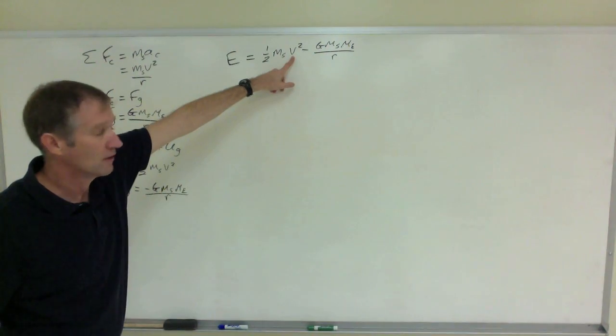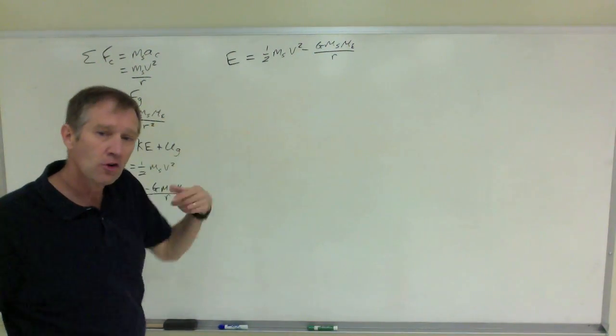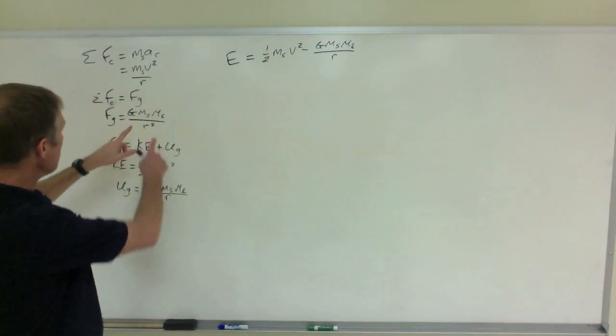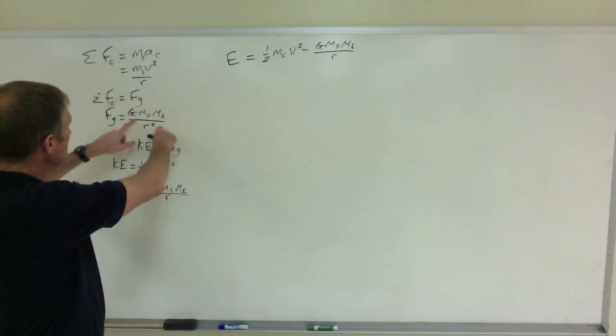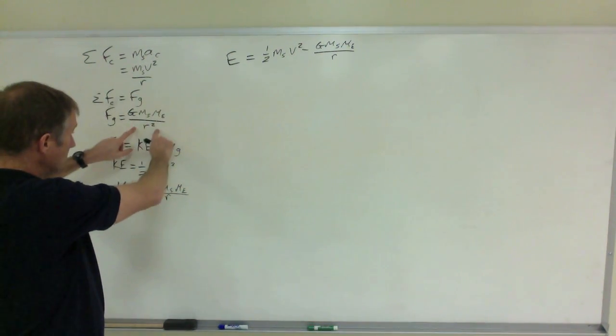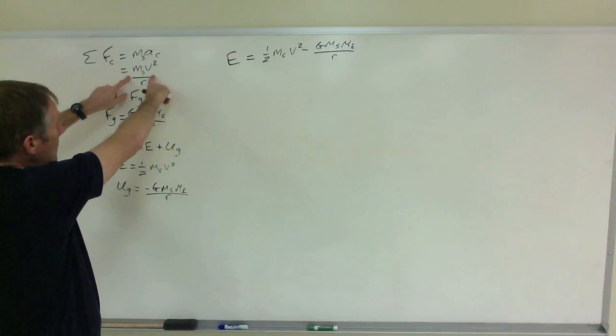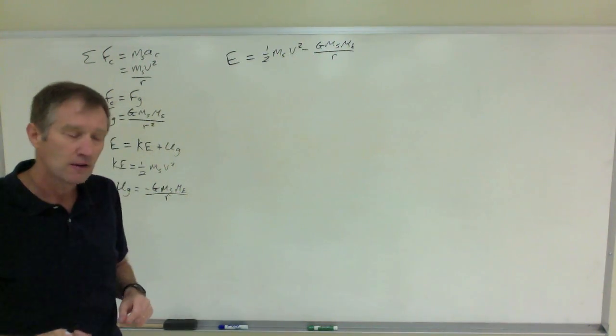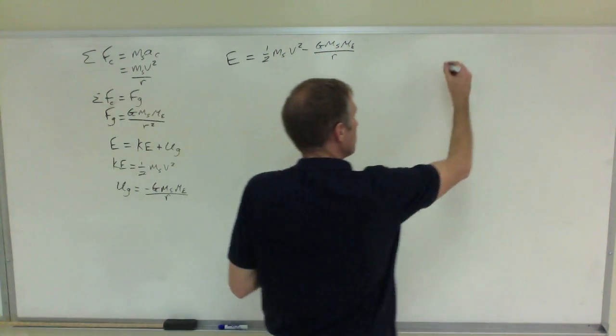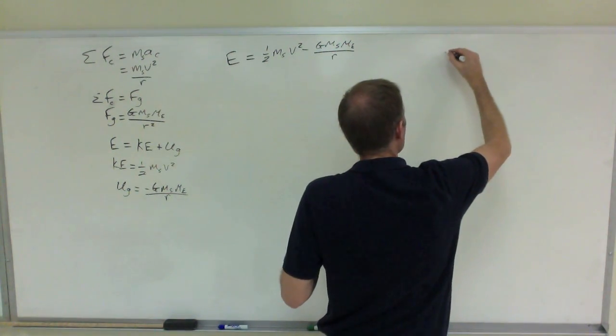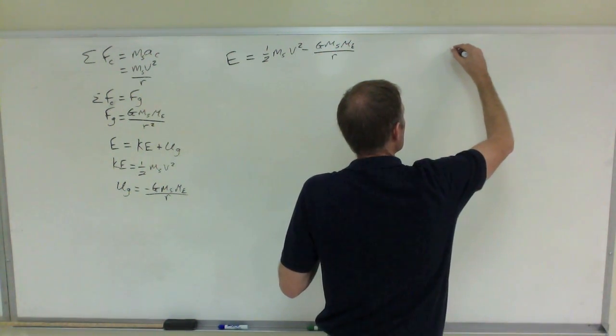We also though need to figure out what is the speed of an object in orbit. And that is a circular motion question where you put the centripetal force equal to, which is in this case gravity, equal to mv squared over r, and you solve for v. I'll do that to the side. Again, the centripetal force is provided by gravity.